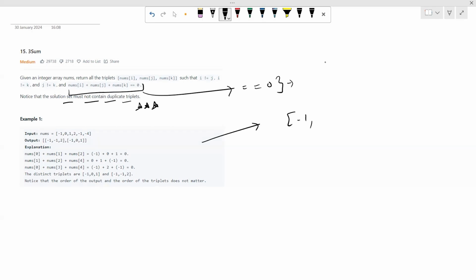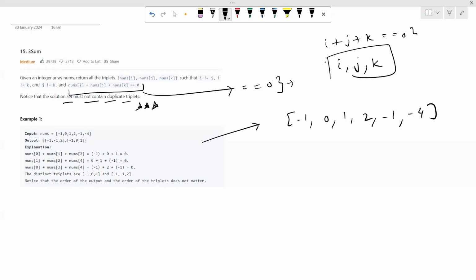which is -1, 0, 1, 2, -1, -4, right? So we need to find triplets such that their sum will be equal to 0. And these triplets must not contain duplicates, right?